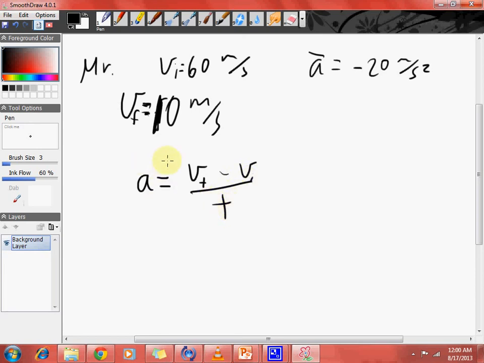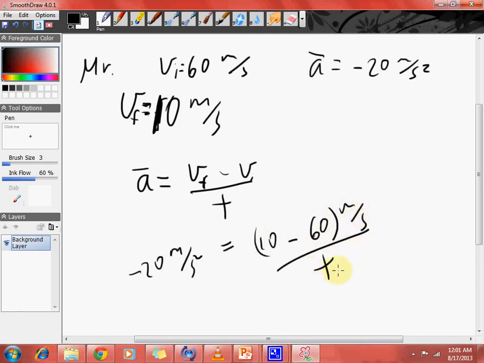Alrighty, so we just rewrite the equation. Make sure that you write that for average. So the average velocity that the car decelerates is 20. So let's make negative 20 meters per second squared. Final velocity is 10 meters per second, and then minus the initial, which is 60 meters per second, and divided by t, which is time.